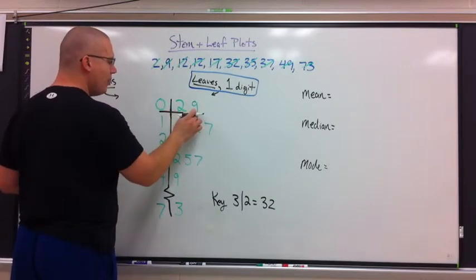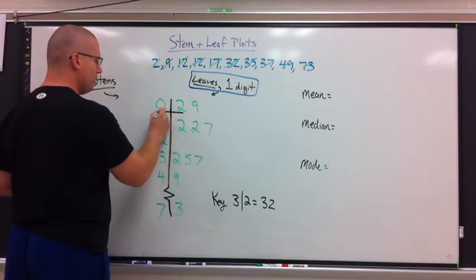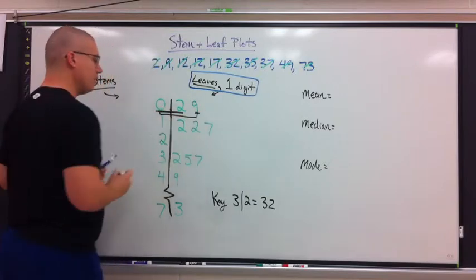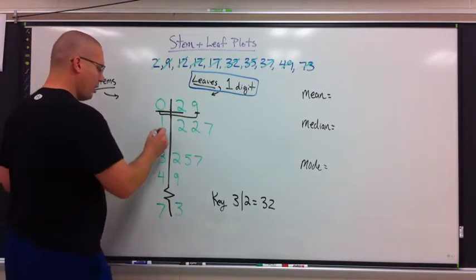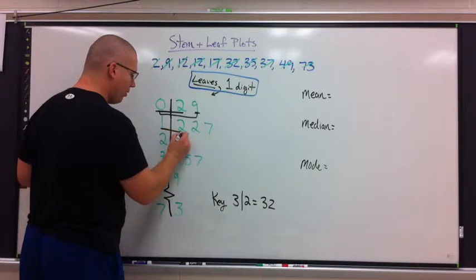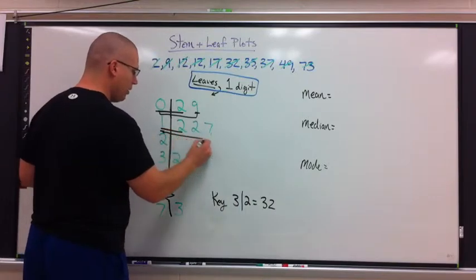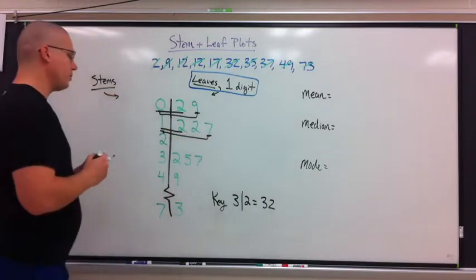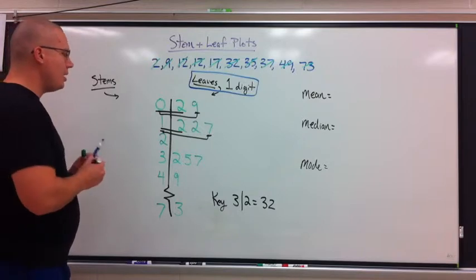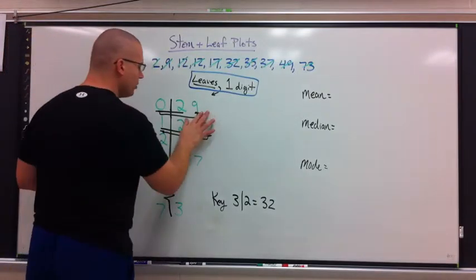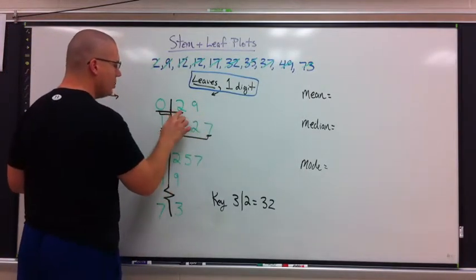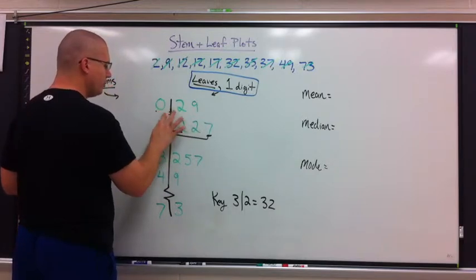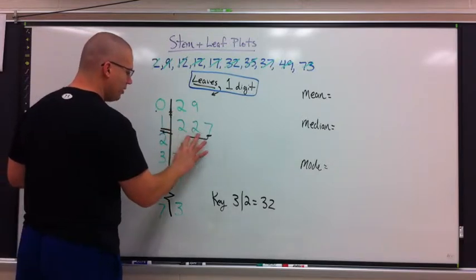I should know that this is the number 9. This is the number 12. This is the number 17. So I do not need commas in between the numbers, because the rule clearly states you're allowed 1 digit per number. Now let's take this out.